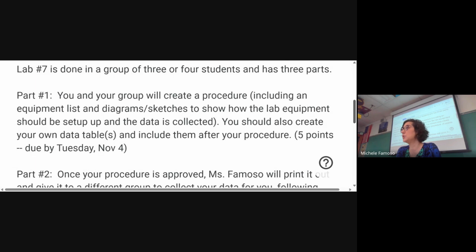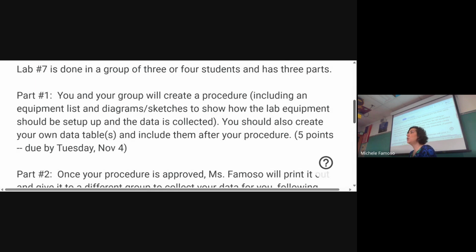That's what your diagrams or sketches are showing. How do you set up the equipment? How do you want them collecting the data? You're going to write that procedure, including that information. You're also then going to create data tables that they will fill in once they are collecting the data as outlined in your procedure.